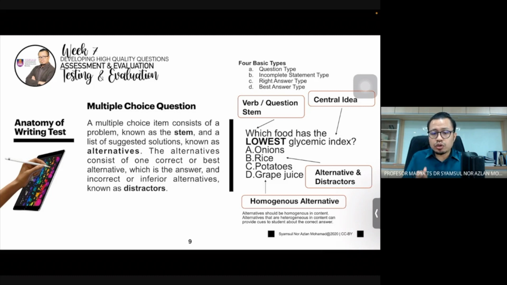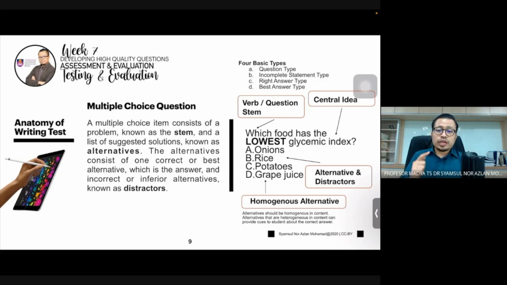Why? Because we want to avoid the heterogeneous, because the student can guess from there. So that's the reason why on designing the multiple choice question we have to be very careful. We need to ensure the verbs, the question stem, the central idea, the alternative and distractor, and also homogeneous alternatives should be in the answer.